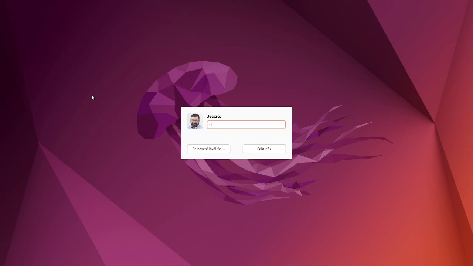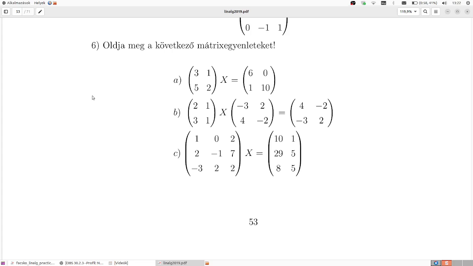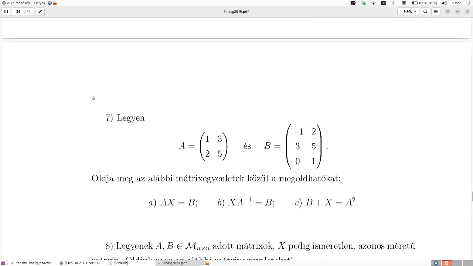The next type of exercise. Okay, there are other tasks.